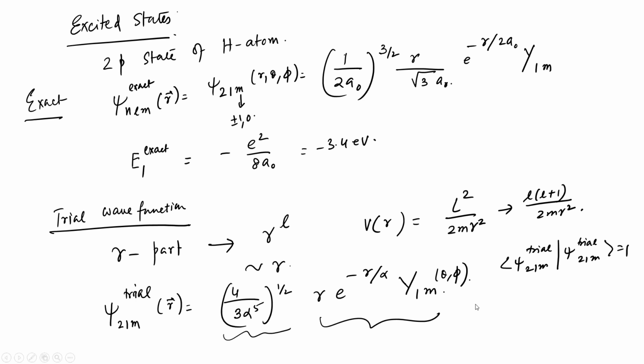So, with all these conditions in mind, one needs to do it carefully and without making any mistake, because it is laborious but not difficult. One also needs to normalize the trial wave function, because that is needed to calculate the expectation value.